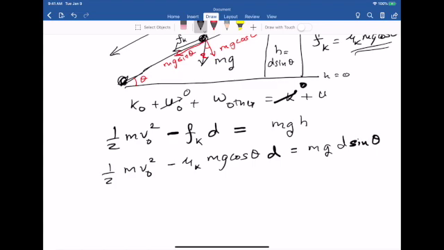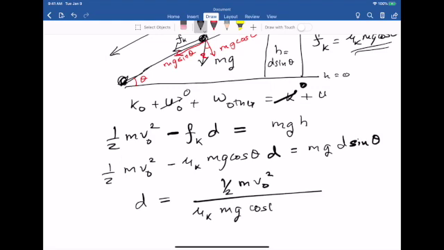So d, the distance that the truck slides up the incline, if you rearrange this equation, is 1/2 m v0 squared divided by mu k times mg cosine theta plus mg sine theta. And you can see that the m also cancels out.